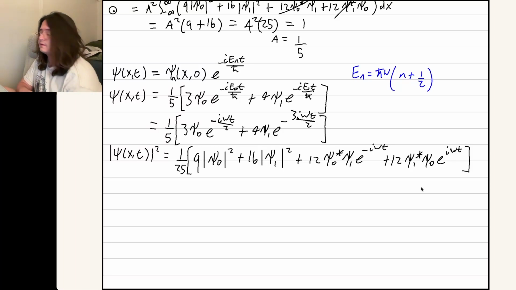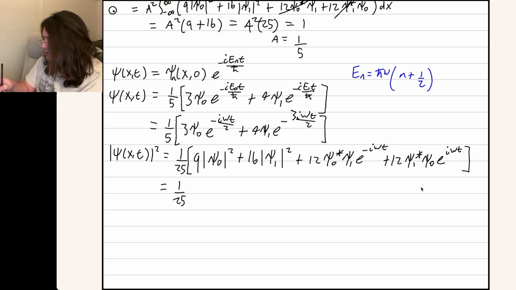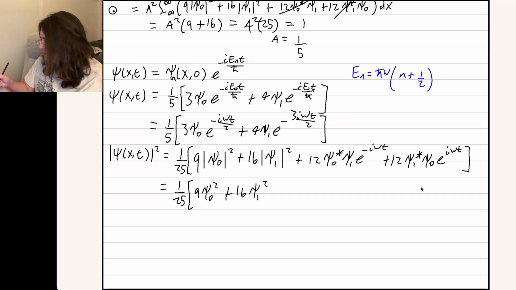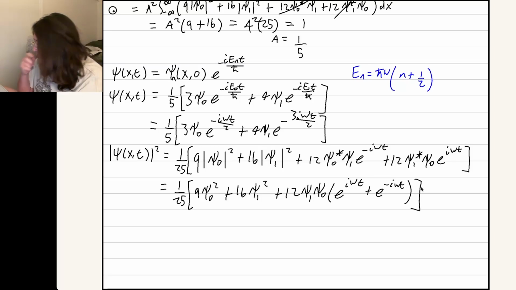And we can take advantage of the fact that all of these wave functions are real, the position wave functions anyway, to combine the terms. So 16 psi 1 squared, plus 12 psi 1 psi 0 times e to the i omega t plus e to the minus i omega t.